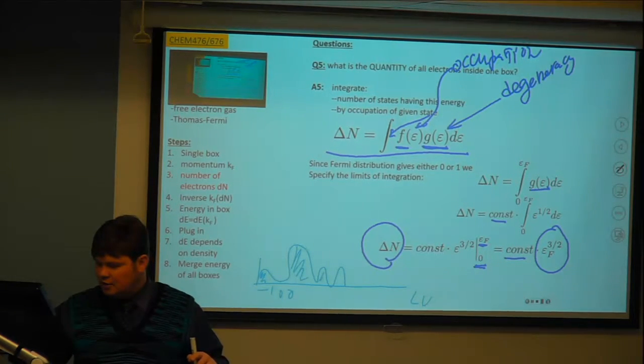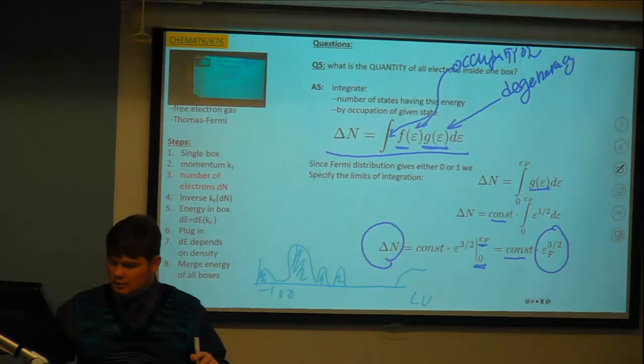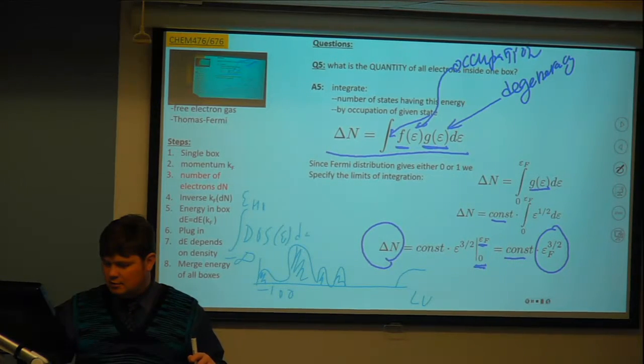And if you calculate the area under this curve, the integral of the density of states from minus infinity to the energy of the LUMO, what do you get?